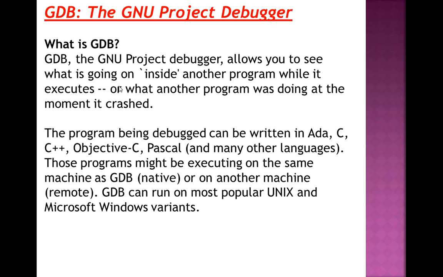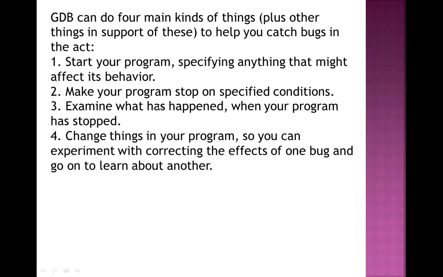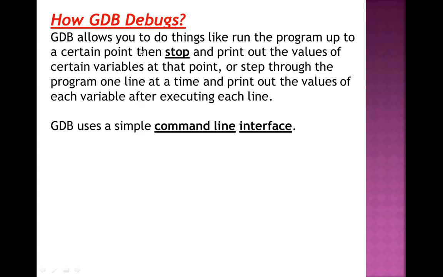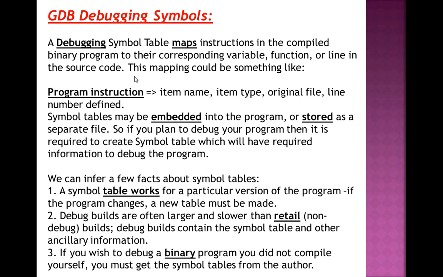The GDB debugger is used to debug programs written in C, C++, and Pascal. Then we covered the main four things used to catch bugs in a program. We also covered how GDB debugs the main program, or how GDB finds the error in the program.